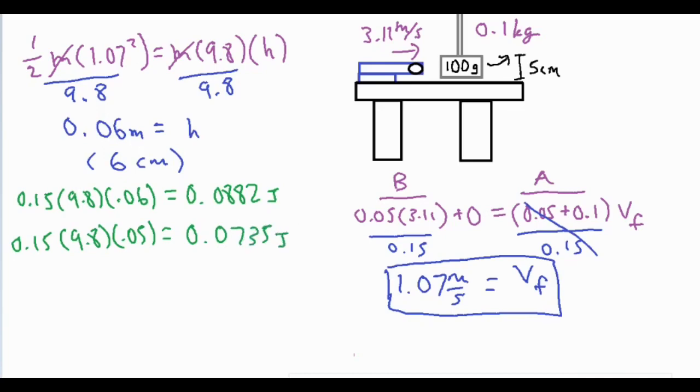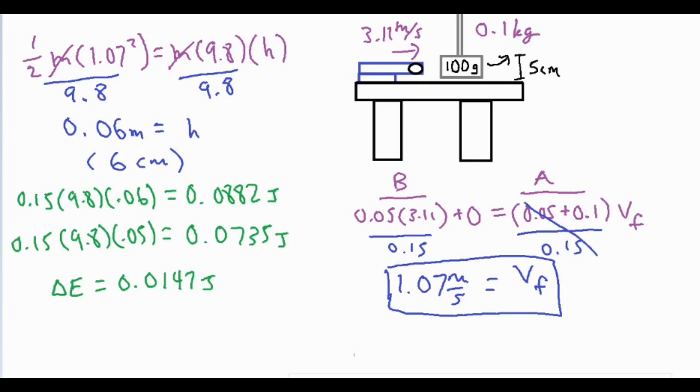joules. If we subtract those, we would have a difference in energy of 0.0147 joules of energy. So that was some energy lost through heat and sound.